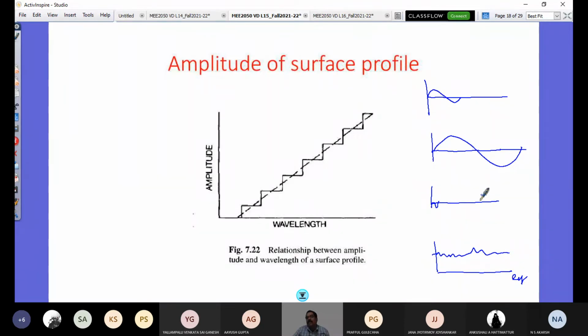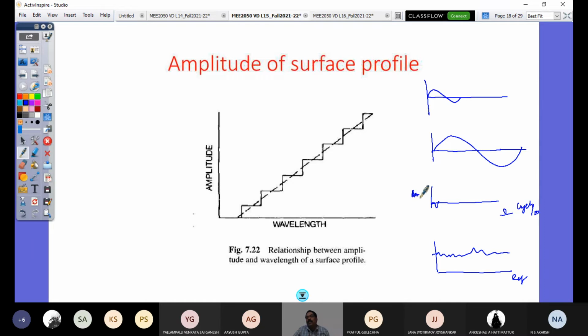So here, what I'm having is this as function of spatial frequency, the cycles per meter. And here what is there is amplitude. The amplitude can be small, amplitude can be higher, and this is the wavelength.